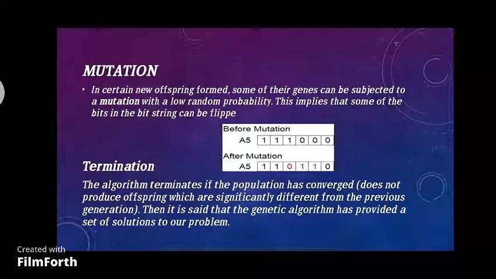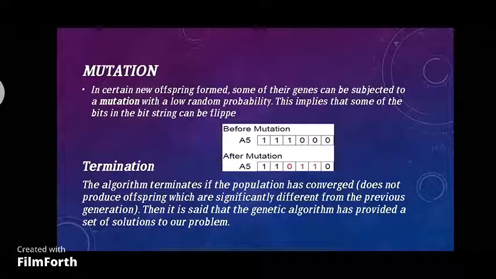Next is mutation. In certain new offspring, some of their genes can be subjected to a mutation with a low random probability. This implies that some of the bits in a bit string can be flipped. These are before mutation and after mutation. Next is termination.